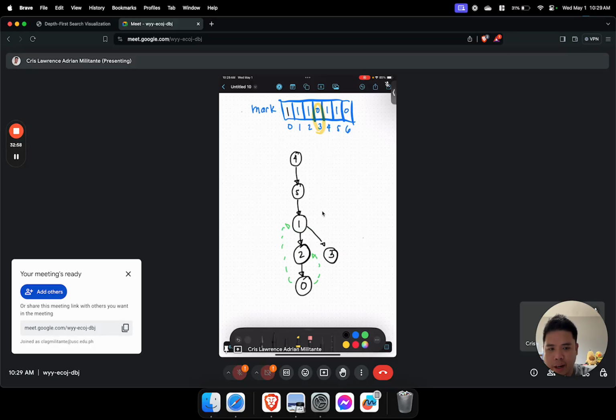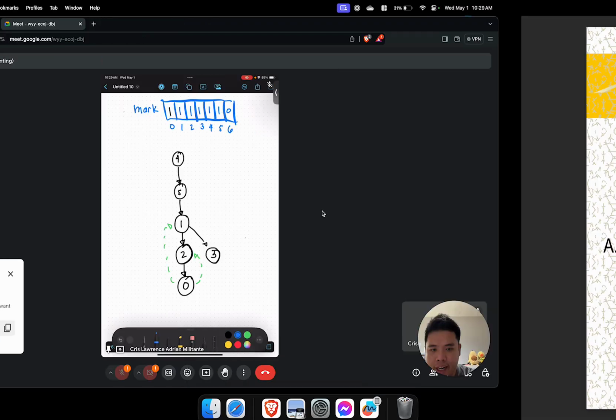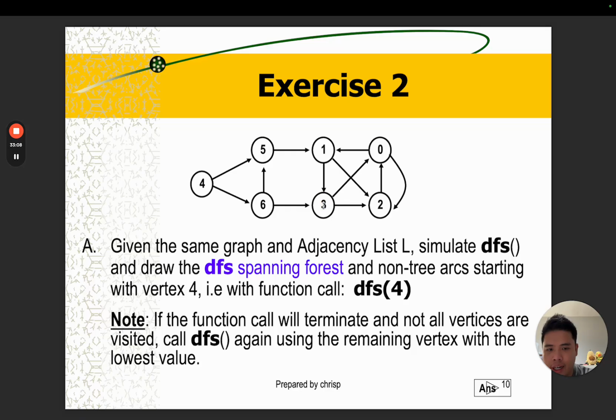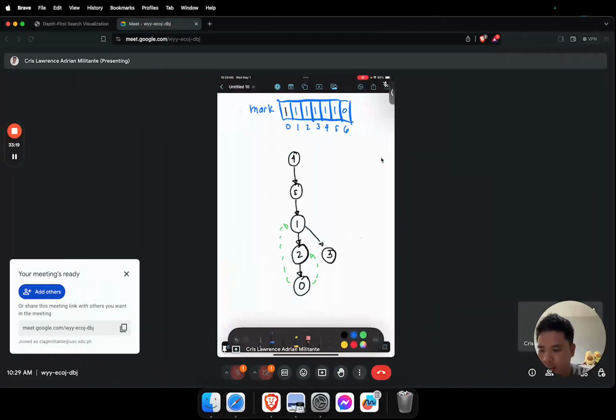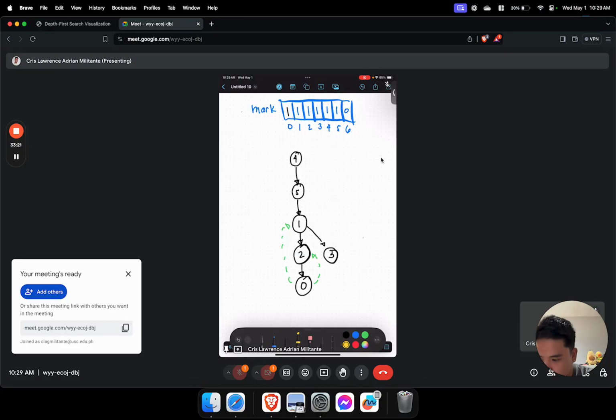Good so far? And then I changed the value of 3 to be visited already. So now I'm here. I basically call DFS 3. The adjacent vertices for 3 are 0 and 2. 0 is already visited and 2 is already visited.